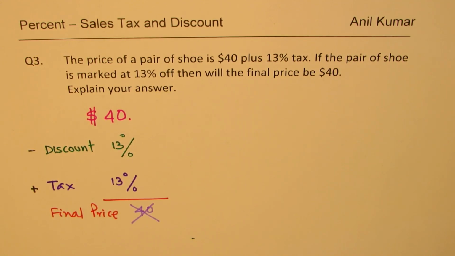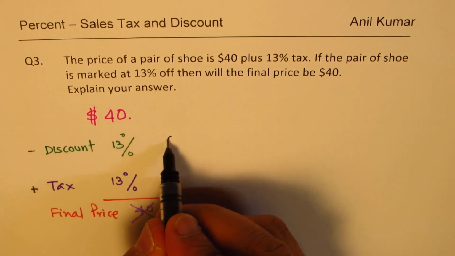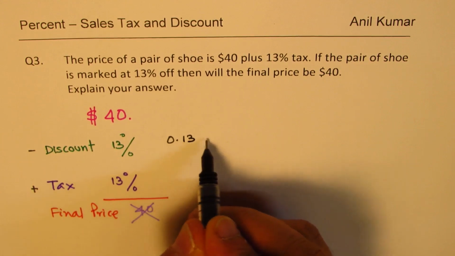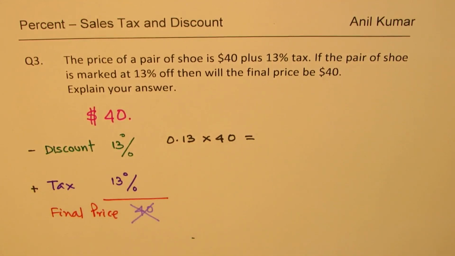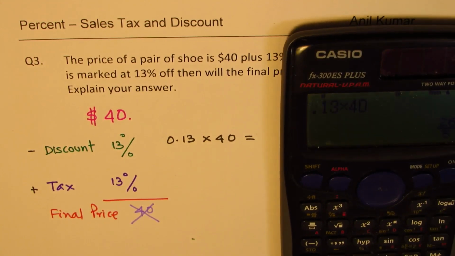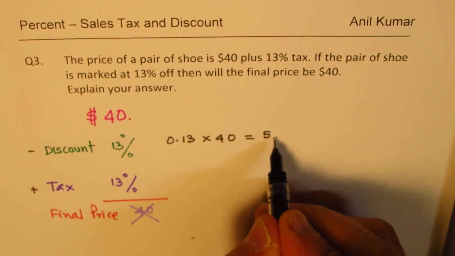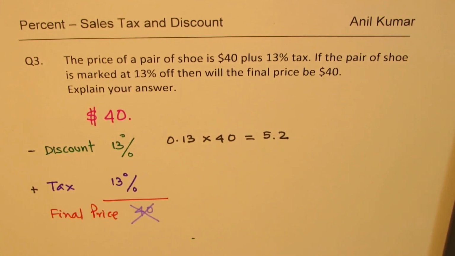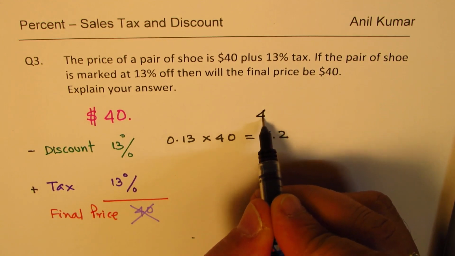Okay. So the calculation here is like this. We have to do 13% of 40. That means 0.13 times 40. How much do we get? Let's use the calculator. So 0.13 times 40 is equal to, in decimals, 5.2. That is the discount. Now if that is the discount, the price is 40.